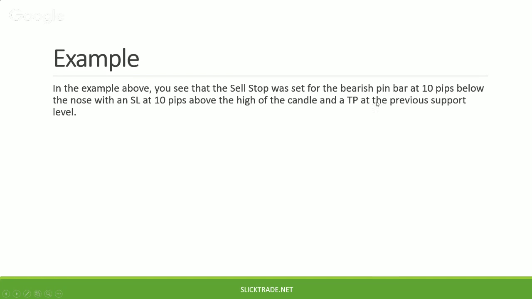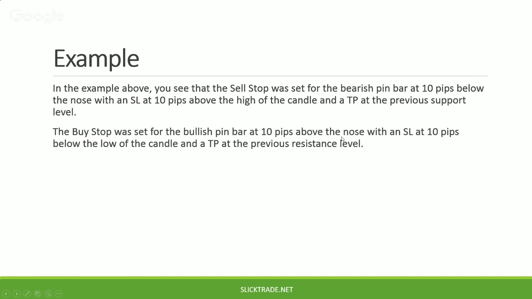And the TP was at the previous support level. The buy stop was set for the bullish pin bar at 10 pips above the nose, with an SL at 10 pips below the low of the candle, and a TP at the previous resistance level.